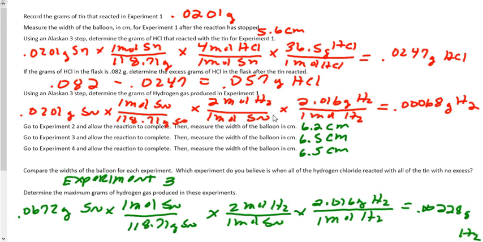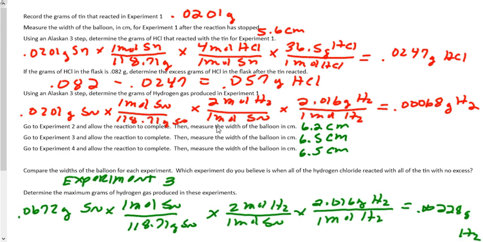And this again comes from our balanced equation. There is a 2 next to the H2 in the equation and a 1 next to the tin in the equation. Then we'll finish up by multiplying by 2.016 grams of hydrogen for 1 mole of hydrogen. And again, this is the molar mass of H2 from the periodic table. And this gets us 0.00068 grams of hydrogen gas.